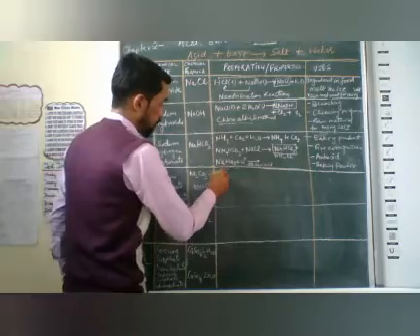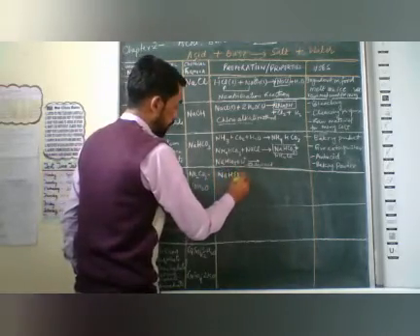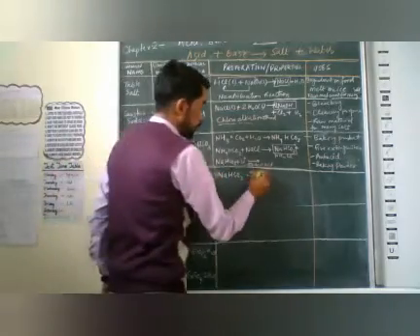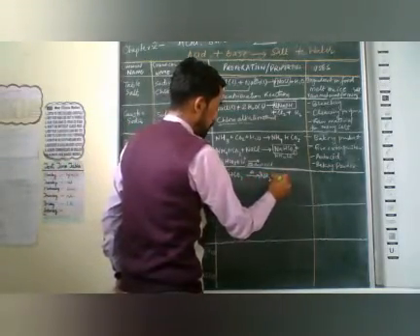Now we will do the washing soda. Washing soda can also be prepared by heating baking soda. So we will heat NaHCO3 by simply heating. 2 molecules of NaHCO3 will convert into Na2CO3 plus H2O plus CO2.